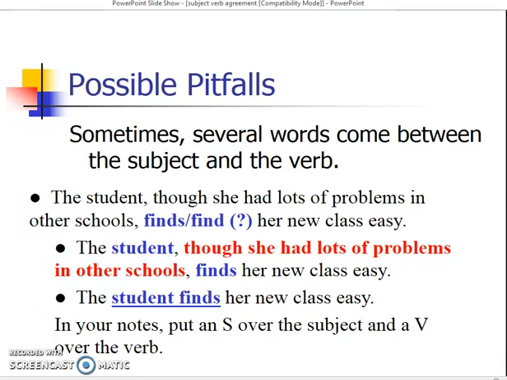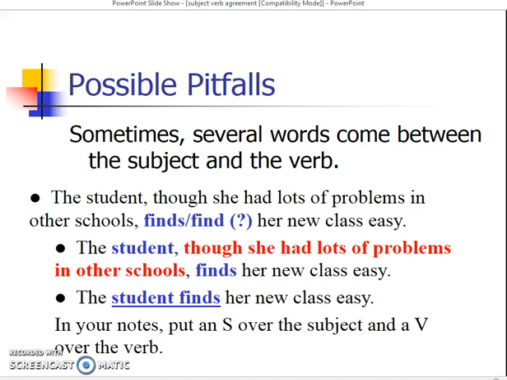Though she had lots of problems in other schools, that is a subordinate clause that cannot stand on its own. It's giving us more information about student, and it's not the subject. So student finds is the actual subject and verb. Student is singular, so we need finds to be singular.